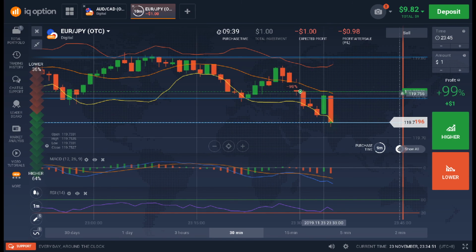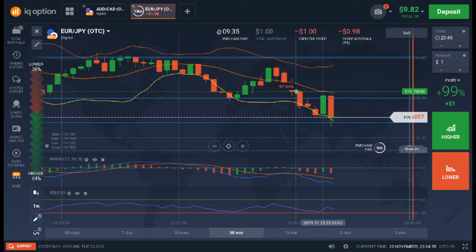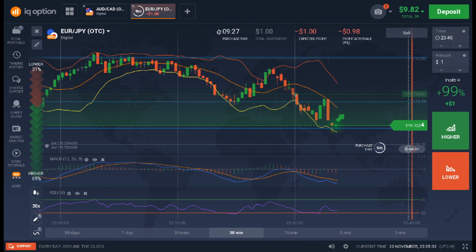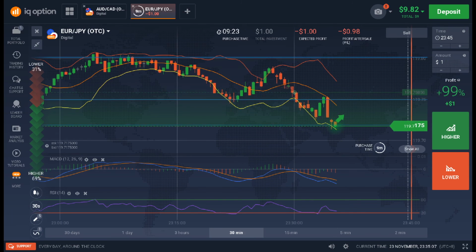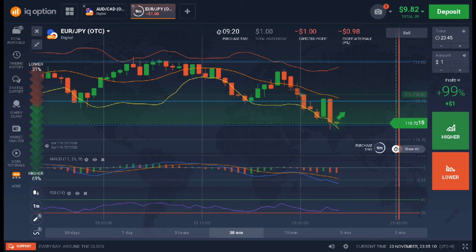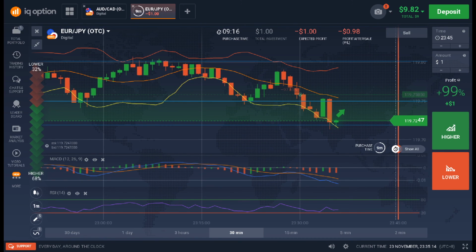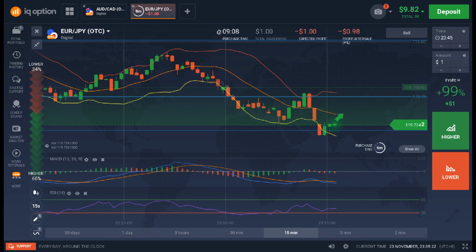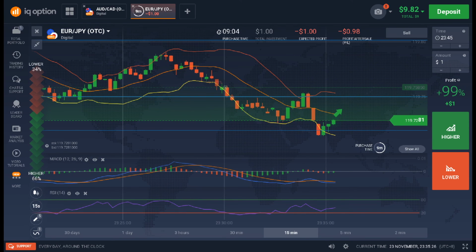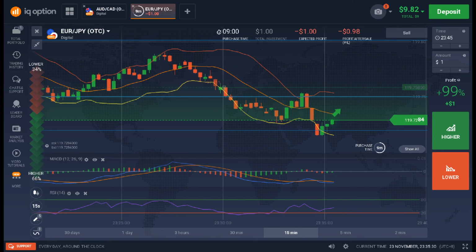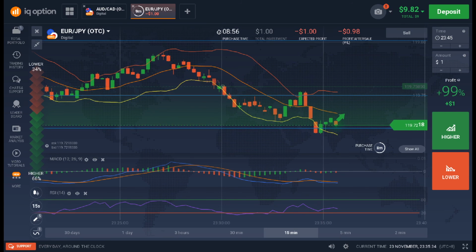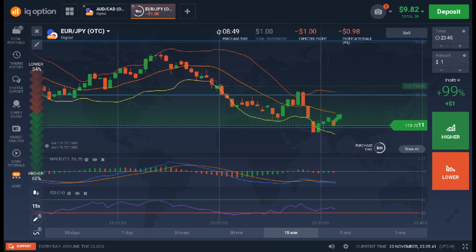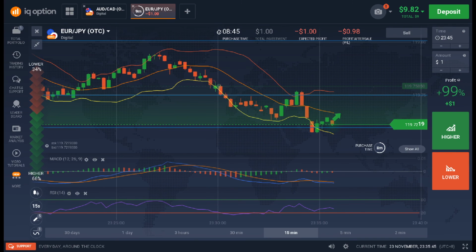But sometimes when you have that very massive decline, it reverses right away. It is trying to test that support.